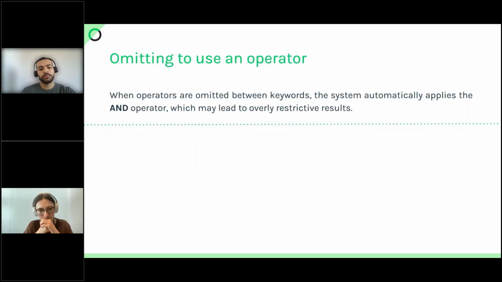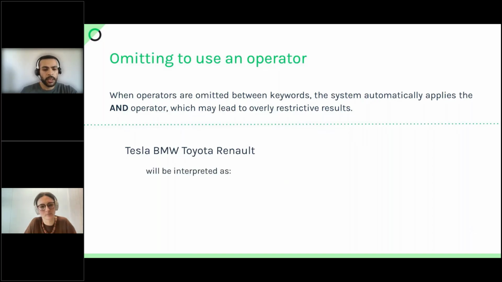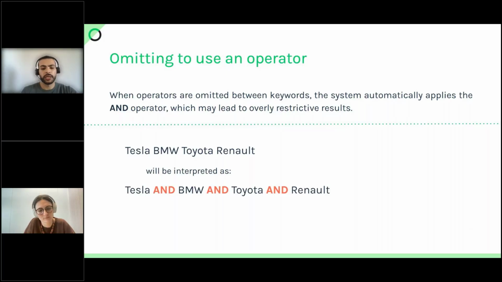And when no operator is placed between keywords, the system automatically applies the AND operator. The AND operator narrows down the query, which may lead to overly restrictive results. For example, if you write Tesla, BMW, Toyota, and Renault without any Boolean operators to connect those keywords, the tool will interpret the query as Tesla AND BMW AND Toyota AND Renault.